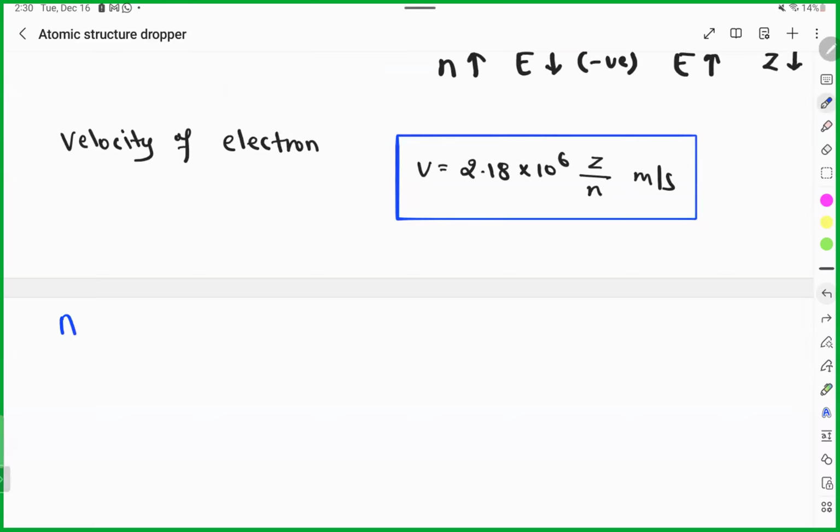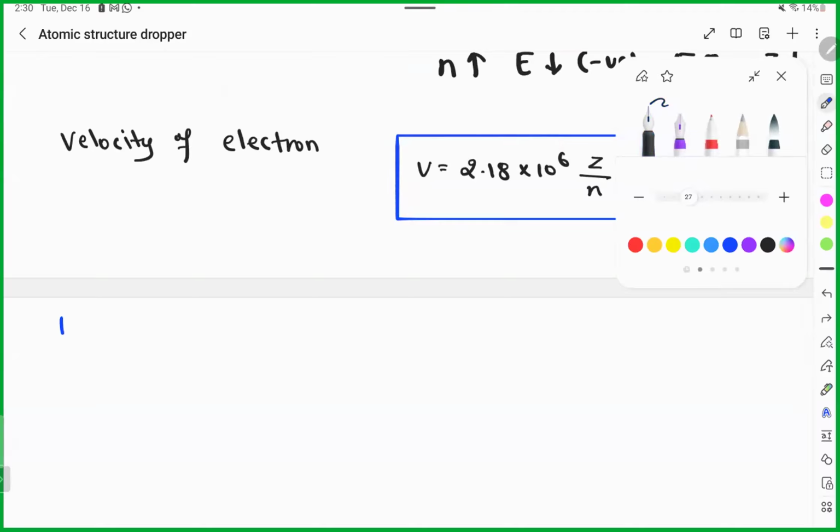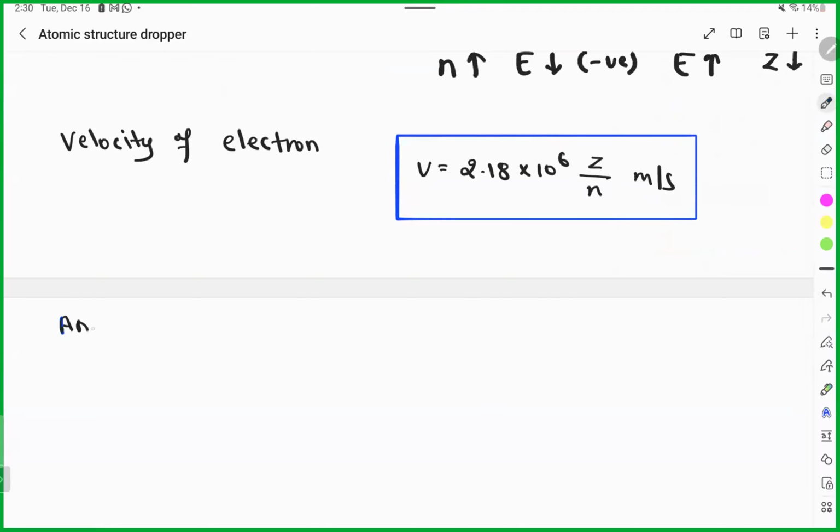And last thing, if you see angular momentum, we are done with the rotation chapter. If you calculate angular momentum of electron, what will be the value, Sania? Formula of angular momentum. Sania, are you there?